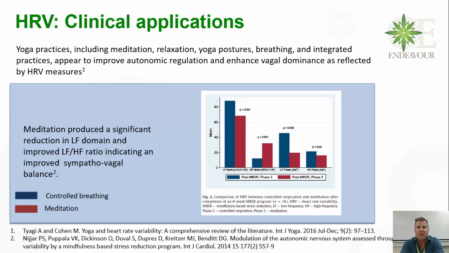Okay, so you're getting drops in the HF normal, and you're also getting improvements in the HF-LF ratios. So just like cortisol that we showed before, these biomarkers for stress, and in this example HRV, are used as measures to examine the effectiveness of interventions that are related to reducing stress.